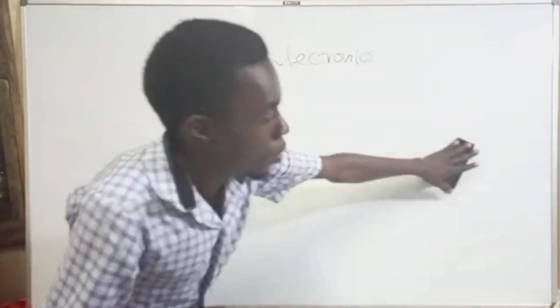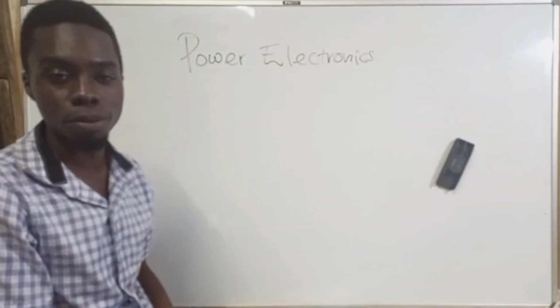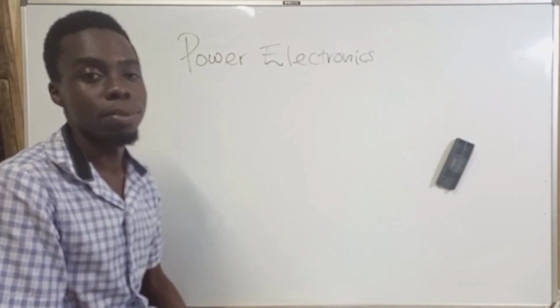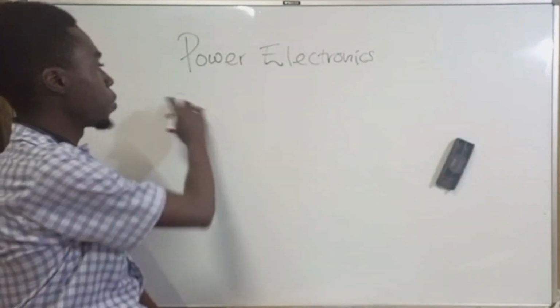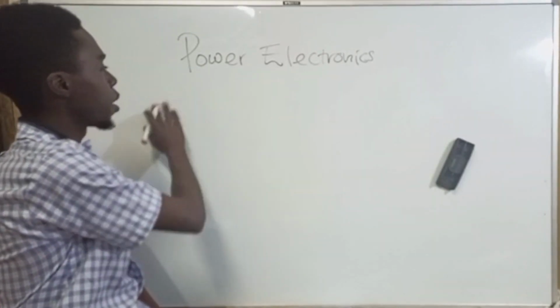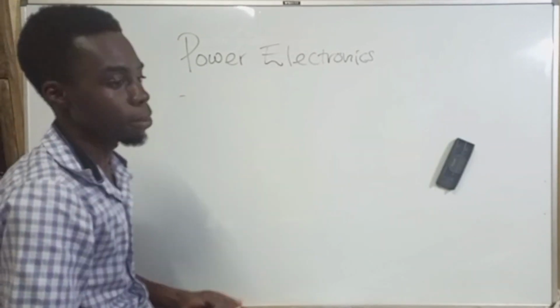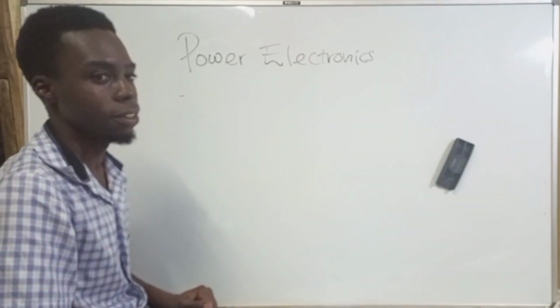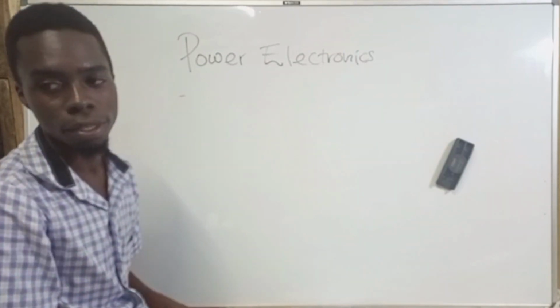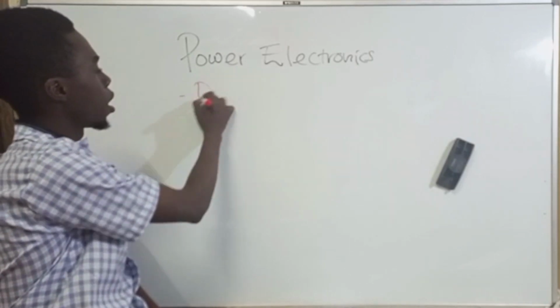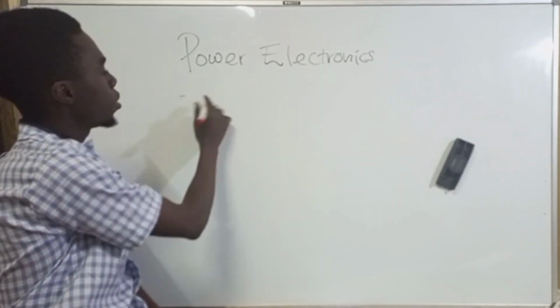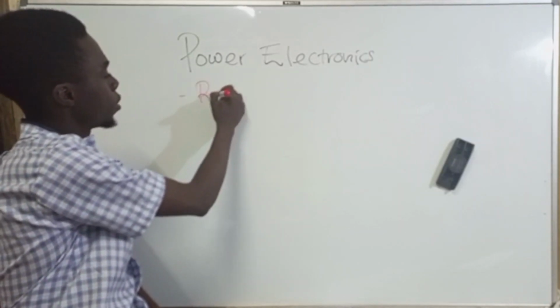Previously, what we had covered with Mr. Semuju in power electronics was simply the introductory part of it. Under this power electronics, he skipped ahead. There is a part where he talks about the semiconductor devices. That one I'm not going to repeat, but I'm going to go straight away to what we call rectifiers.